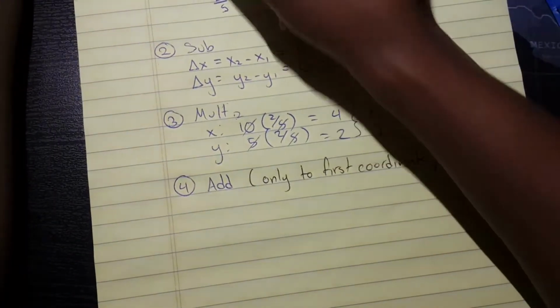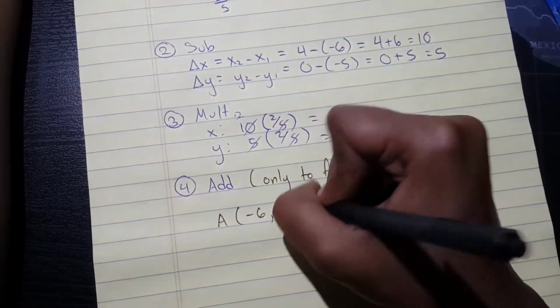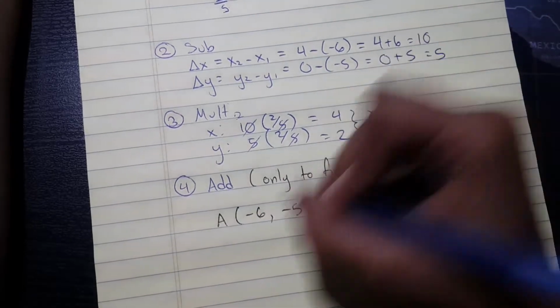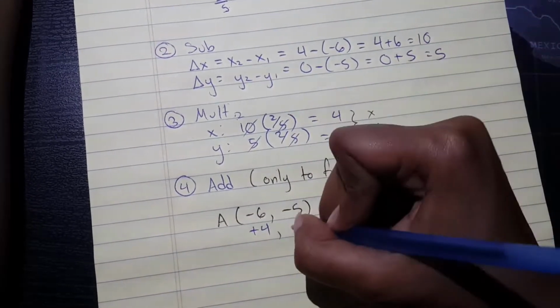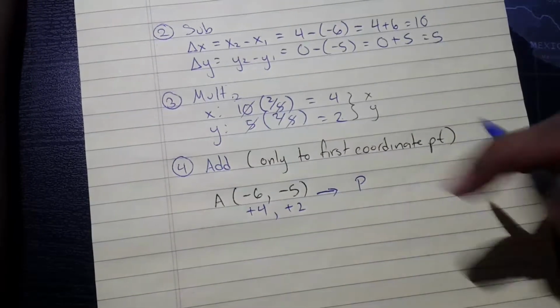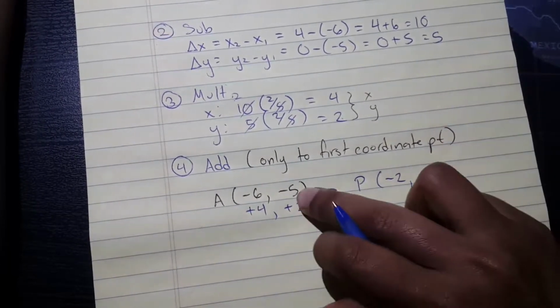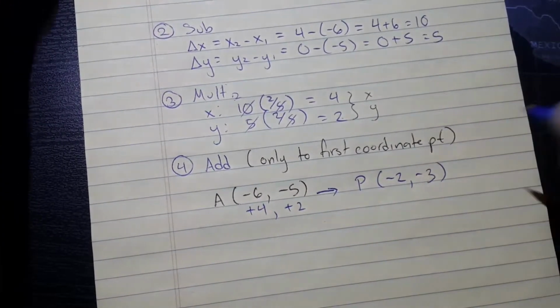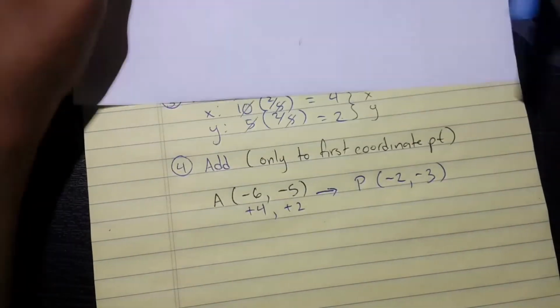Okay, so our first coordinate point was negative 6 comma negative 5. You're going to add negative 6 with 4, so plus 4, and negative 5 with 2, plus 2. And then you see that point P is going to be negative 6 plus 4 is going to be negative 2. Negative 5 plus 2 is going to be negative 3, which is the exact answer we got when we used the graph.